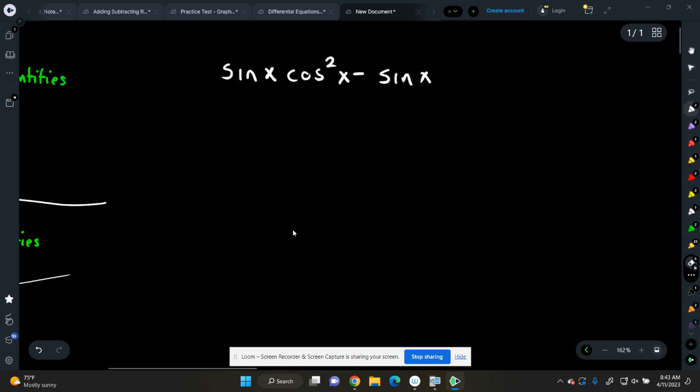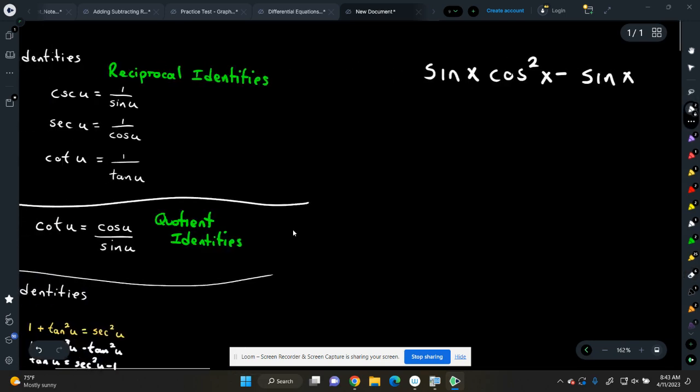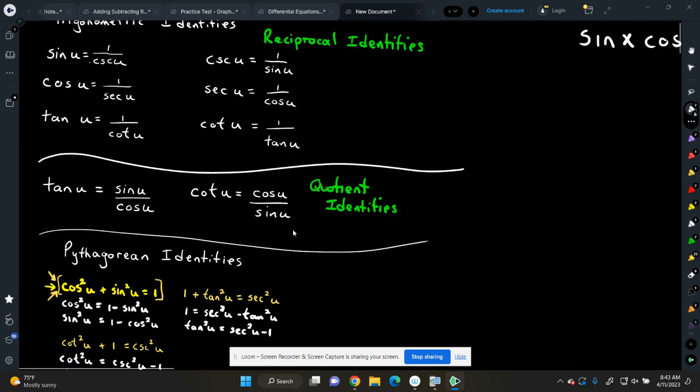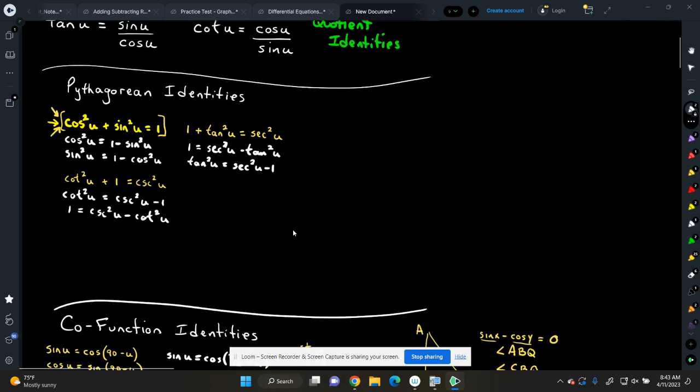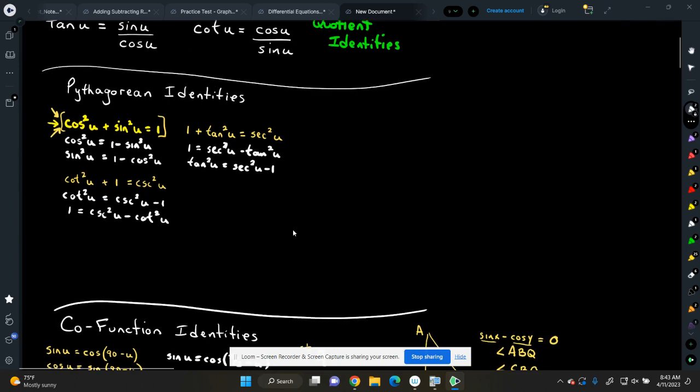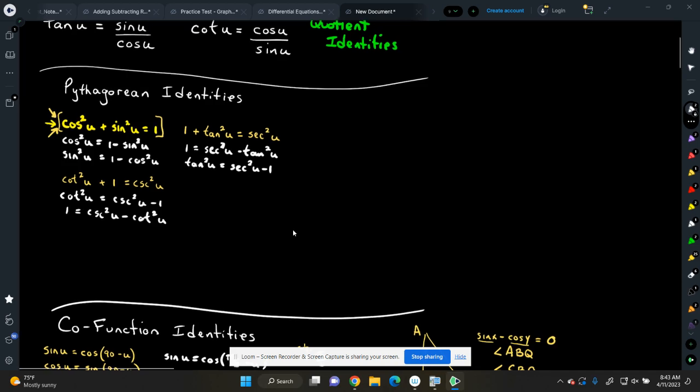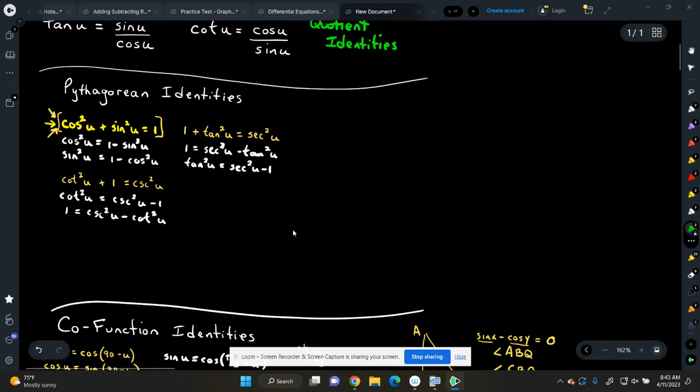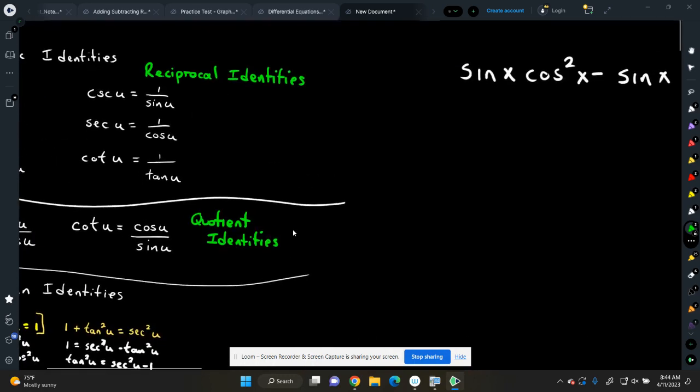So what do we know about cosine squared? Anytime you see something squared, think Pythagorean. What does cosine squared equal? 1 minus sine squared, right.